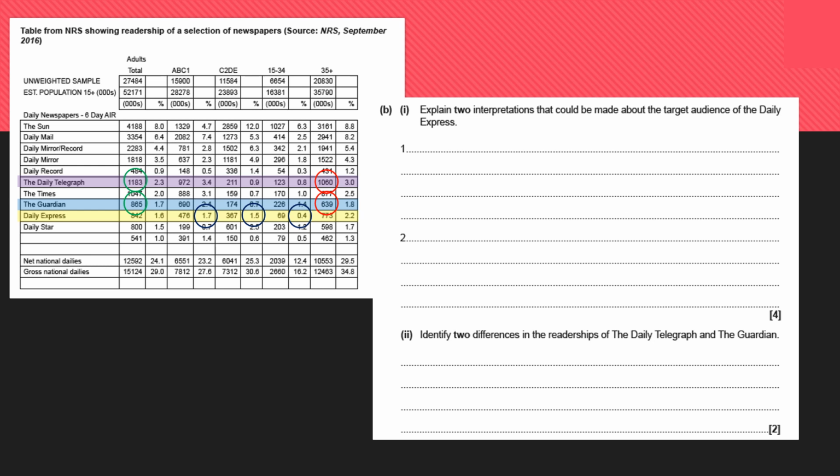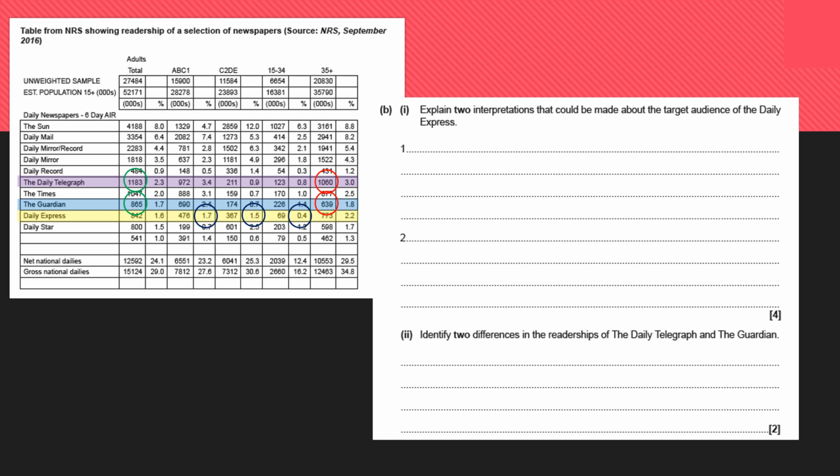Across the top, you can see the number of adults that are in the population and the number of adults that were in the sample. And each one of these, you've got to add 3 zeros onto the end. So in other words, you're talking about 52 million people as the estimated population of 15 pluses in the country. Then you're looking at the sample.